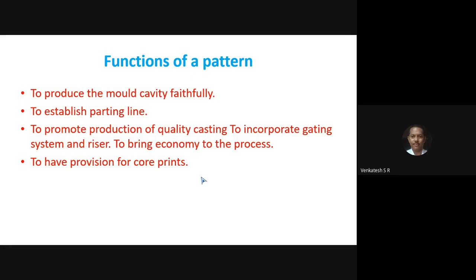First, we will discuss the functions of a pattern. Please, all of you, write down functions of a pattern.